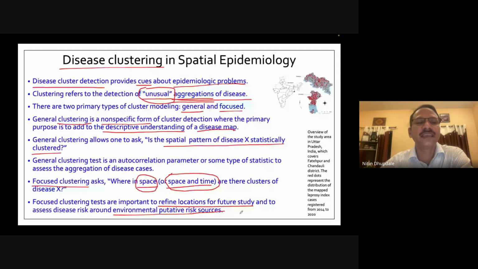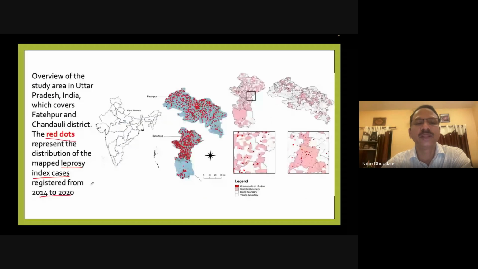So in this example, the red dots are the mapped leprosy index cases from 2014 to 2022. You can see this is the location in Uttar Pradesh, that is Fatehpur, and here is Chandauli, and the red dots are all leprosy cases.